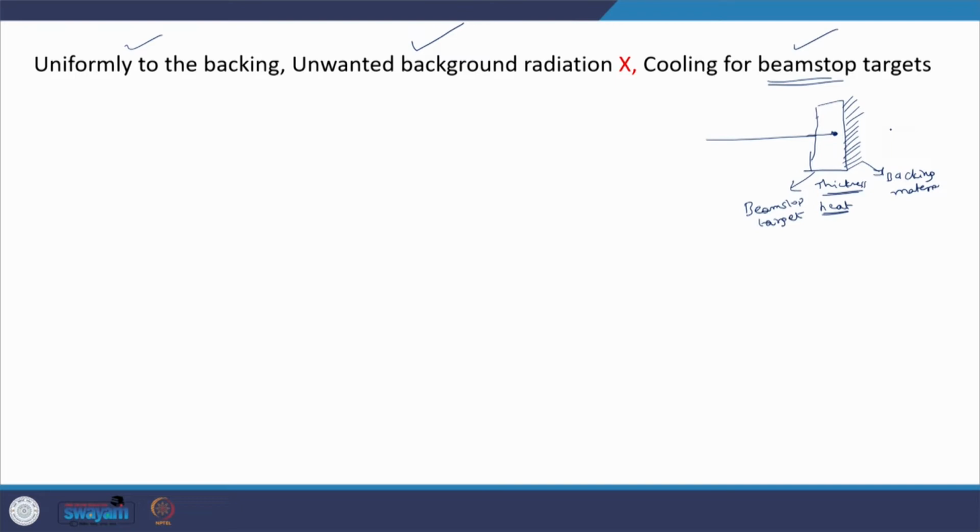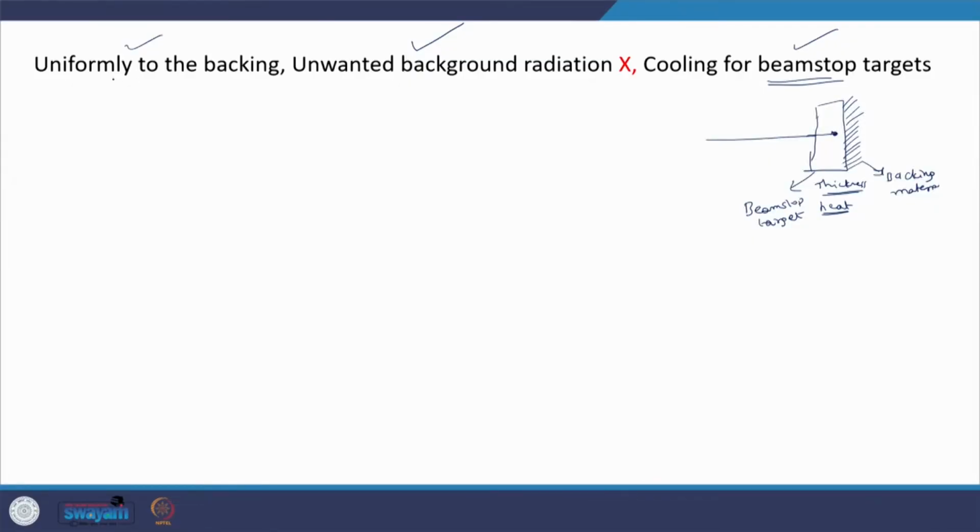Using liquid nitrogen and other means, researchers cool the backing materials. It is not very easy; one has to do a lot of simulations for the heat generated, for how long it can withstand the heat, and how to extract the heat. So, a different setup has to be arranged.